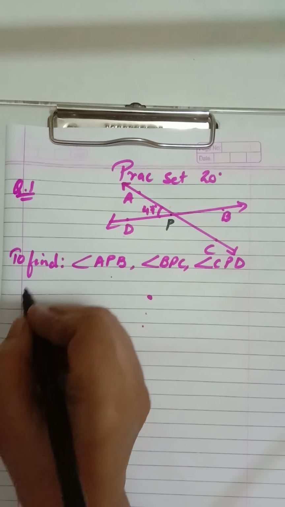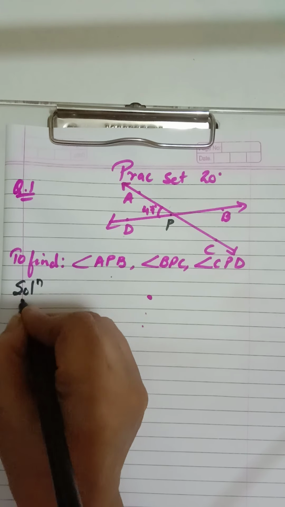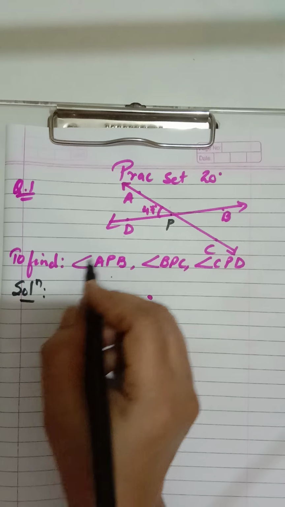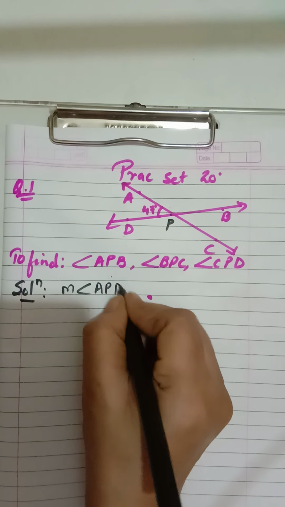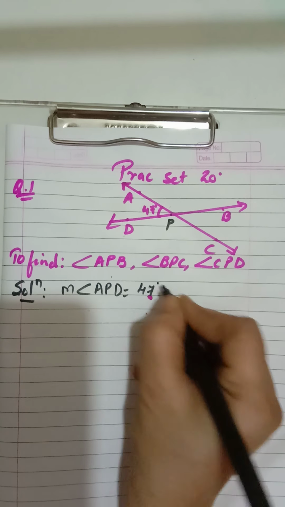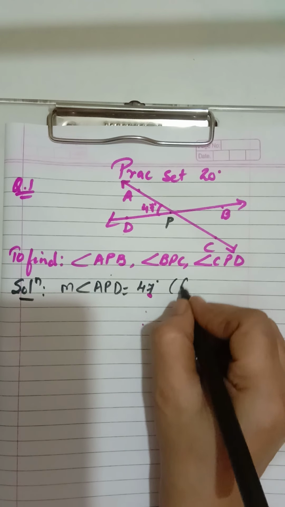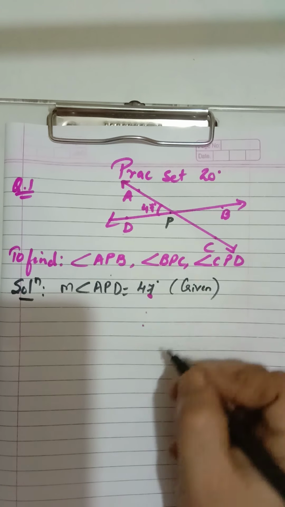Now let us start with the solution. What is given? Measure of angle APD is equal to 47 degrees, that is already given to us.